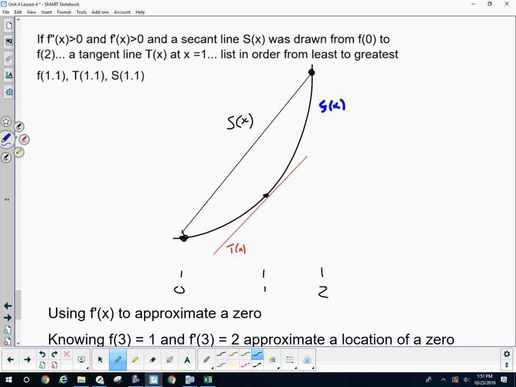List in order from least to greatest: f of 1.1, t of 1.1, and s of 1.1. Go. Least to greatest.